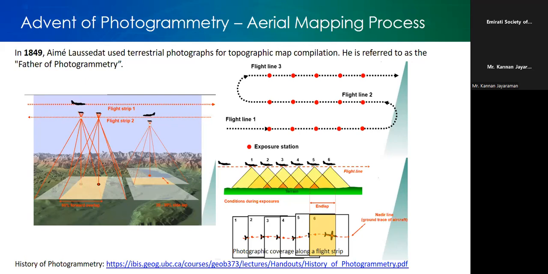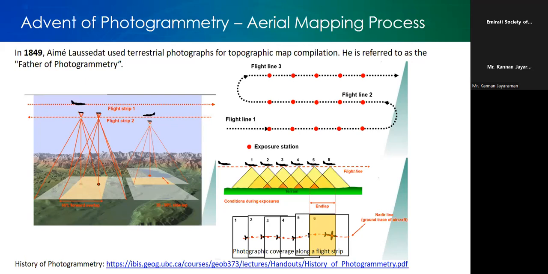There is a nice article available, History of Photogrammetry. I would definitely recommend you to read it. There is a link that I have given you. It tells you where it started and how we have come up to this level of understanding: how the aerial photographs are taken, how they are processed, what the kinds of flight line are, what endlap and overlap are, how the pictures are aligned, and finally how the 3D content is made.